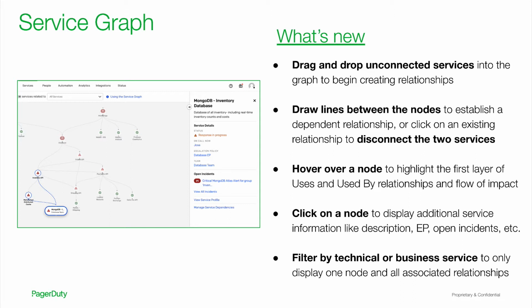And finally, a user can select either a business service or a technical service to filter by in order to focus in on one node and the uses and used by relationships associated with it, providing a clean subgraph, especially in the case of many relationships within larger organizations or larger graphs.